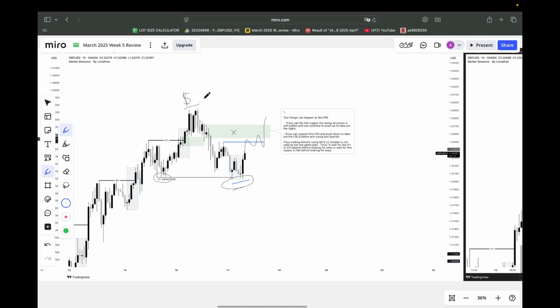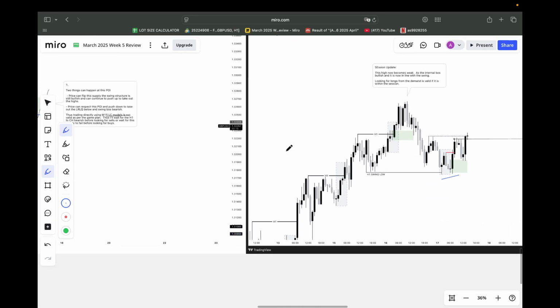Or price can respect the 4 hour fractal structure, and this POI can be respected and it can take out the resting liquidity below. So two things can happen. So trading directly using M15 LC models is not valid as per the game plan. Why? Because when there are two things going to happen, then I'll just stick to the H1 CHoCH for the confirmation.